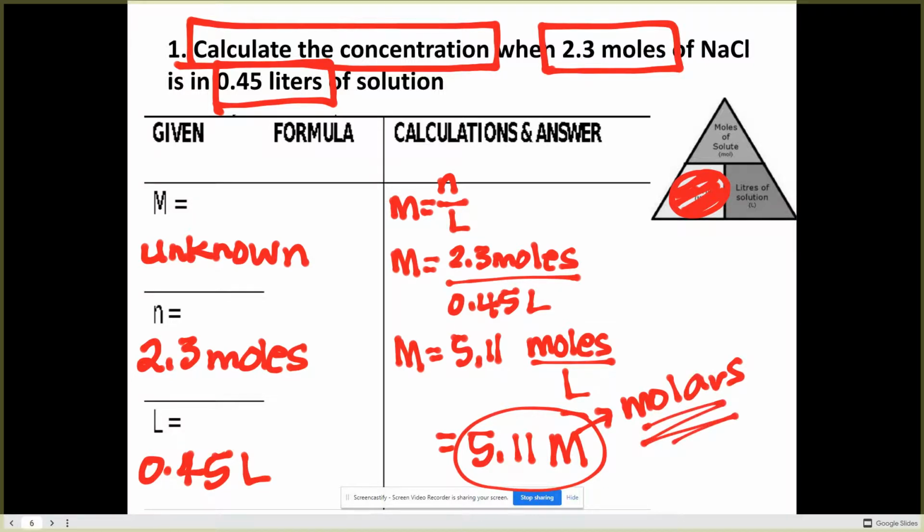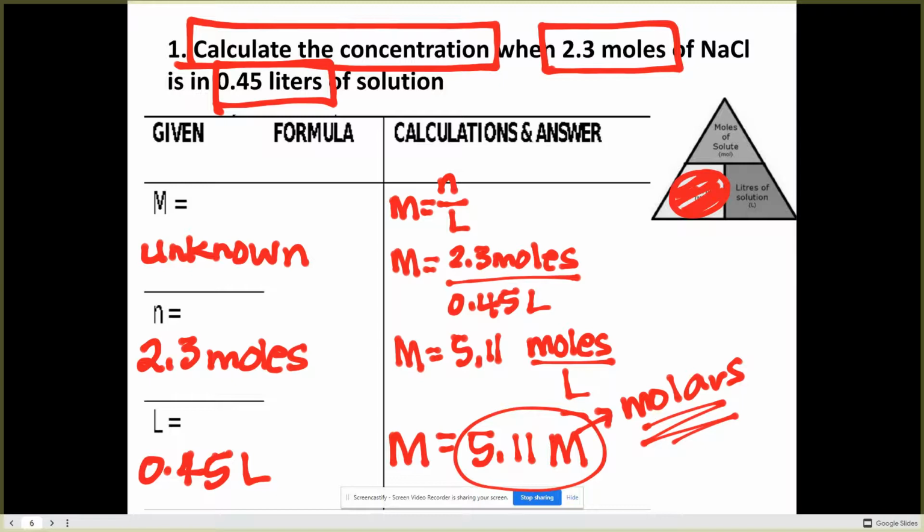And that is the concentration of the solution. So in this problem, guys, you should have learned how to get the given, find the formula for molarity from the triangle, and then substitute and just solve it. All right, cool.